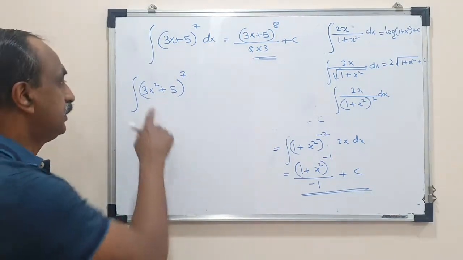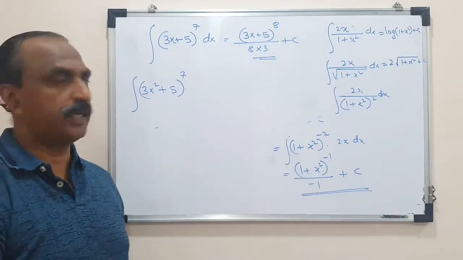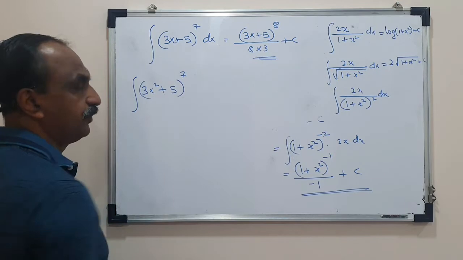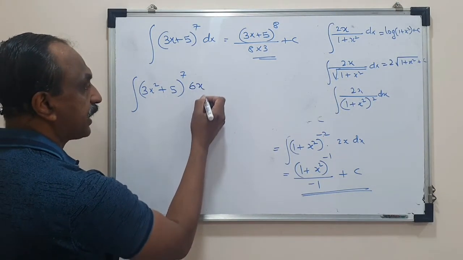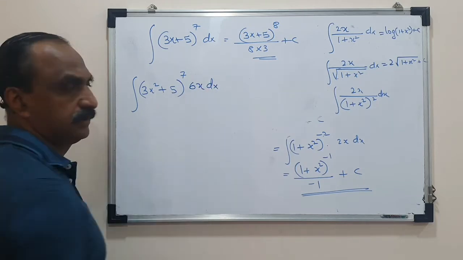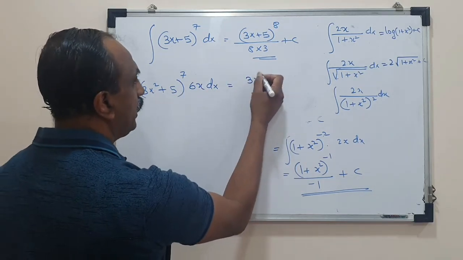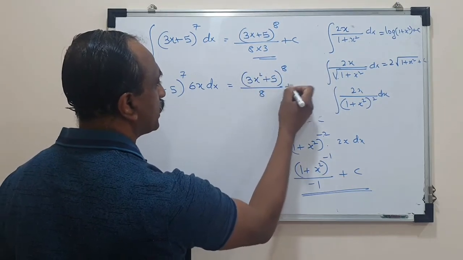We said that if the base is anything else than ax plus b, you cannot apply the formula. However, if you have one more extra term, what is that extra term? The derivative of this. You have 6x dx with it. Then you can apply the formula. Then directly you can write (3x square plus 5) raised to 8 upon 8 plus c.